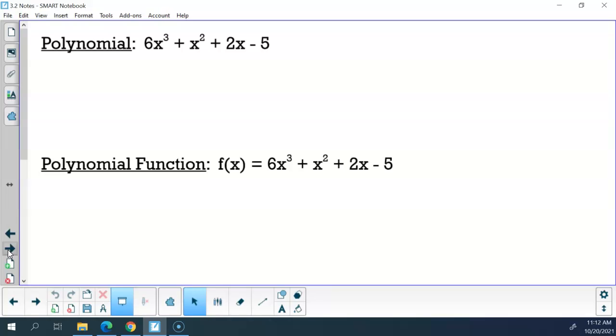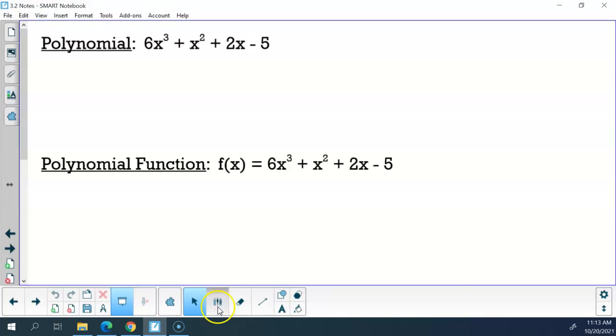What do you see as the difference, or what's different about them, other than the fact that one's written in function notation? That's function notation. F of x is what's written. Somebody said it. The equal sign. Yep. The difference is an equal sign.